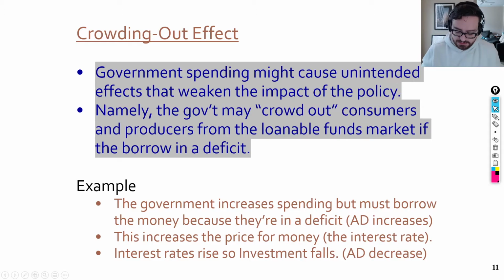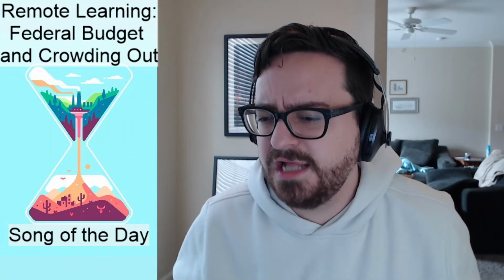I'm going to need to pan to just me. Okay. I'm going to be drawing this. If you want to draw along, you're going to want to draw two graphs: an aggregate demand and aggregate supply graph in a recessionary gap, and then a loanable funds market graph. We're going to want to have these two graphs drawn.